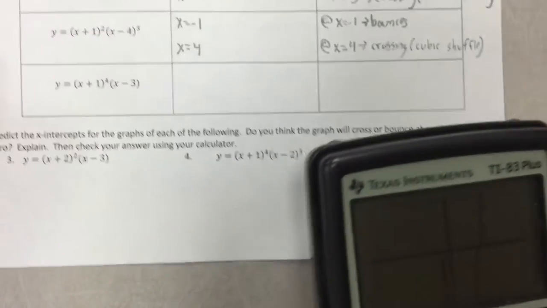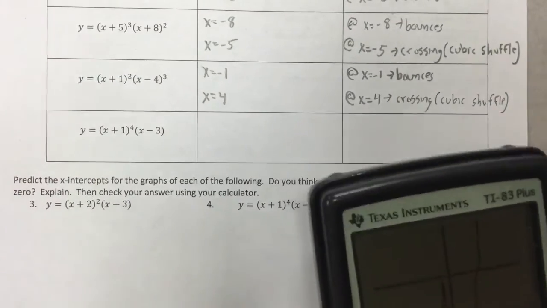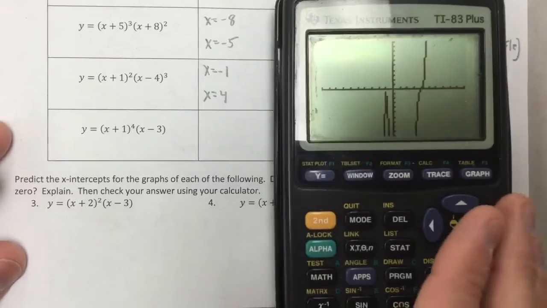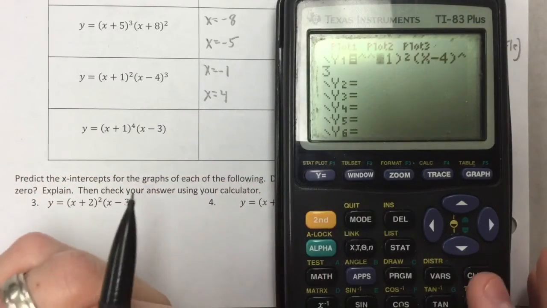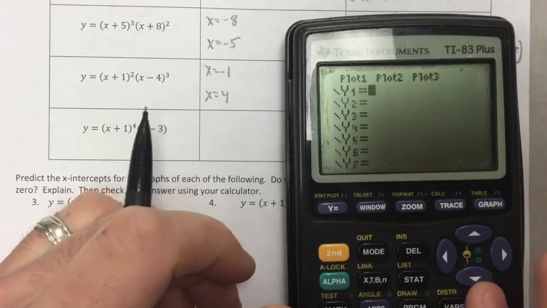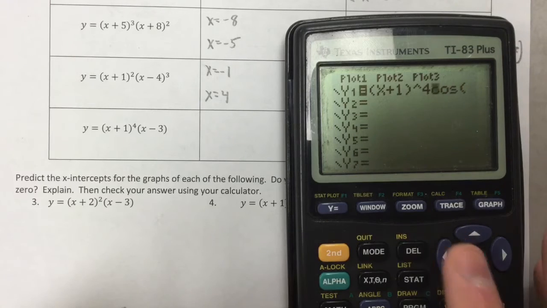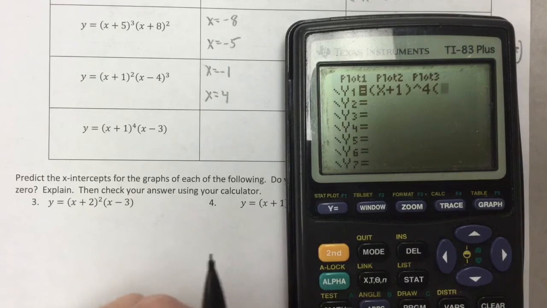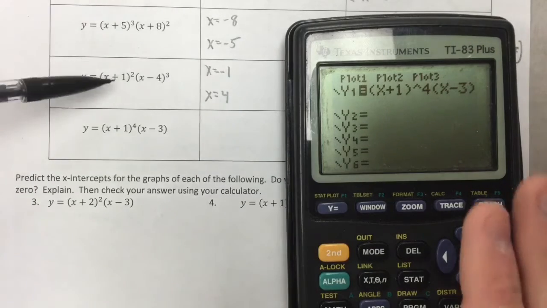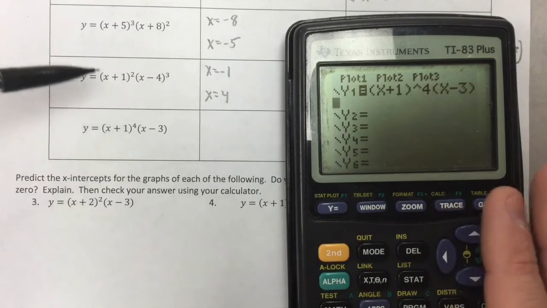All right, now let's take a look. The next one, we have x plus 1 to the 4th times x minus 3. So this is the first time we have something greater than a 2 that's an even. So let's see what is happening.